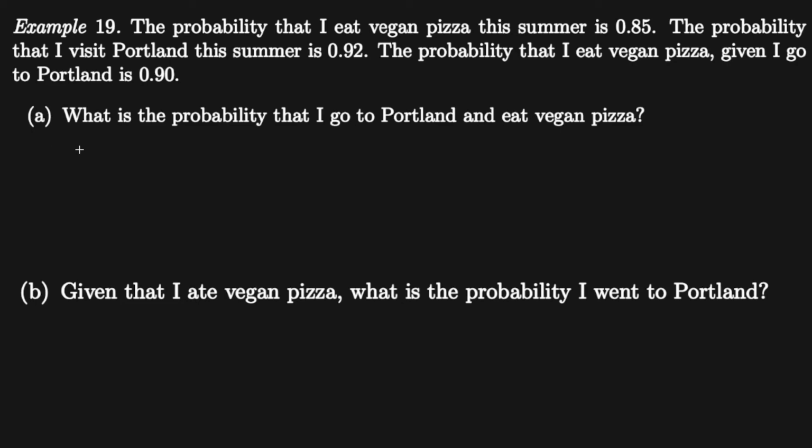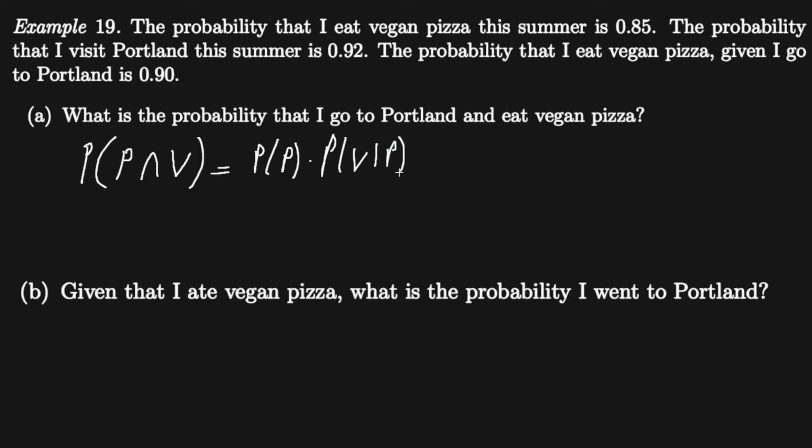We'll set Portland as P, and vegan pizza as V. This is the probability of P times the probability of V given P.